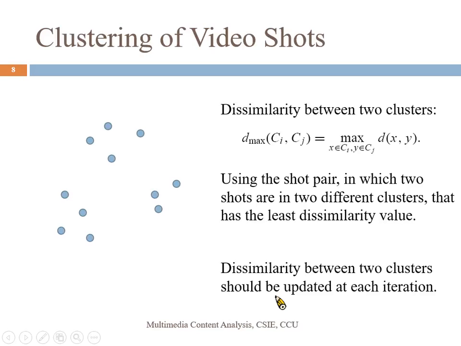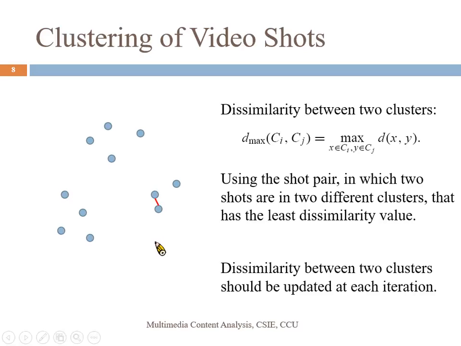So now, how do we cluster video shots? The idea is, given a set of video shots, we use one node to represent a video shot. We just compare the distance between them pair by pair. We first find the pair that has the smallest distance.